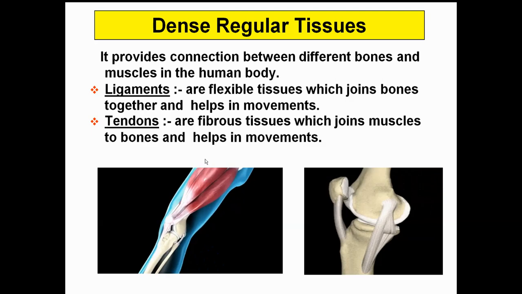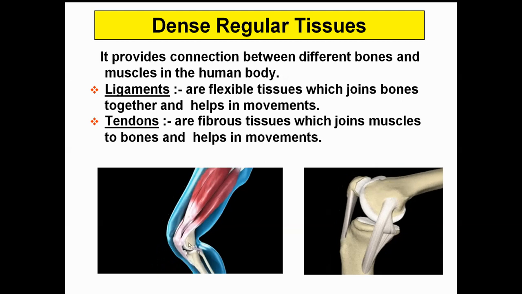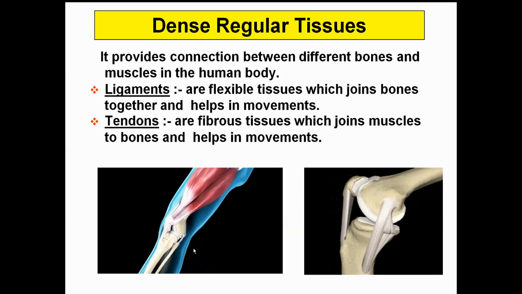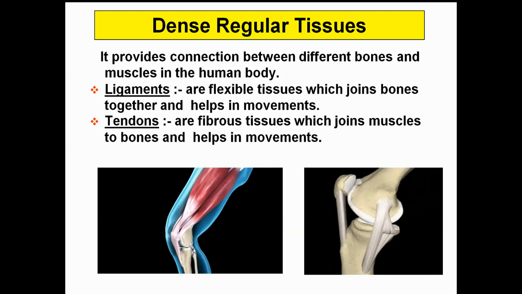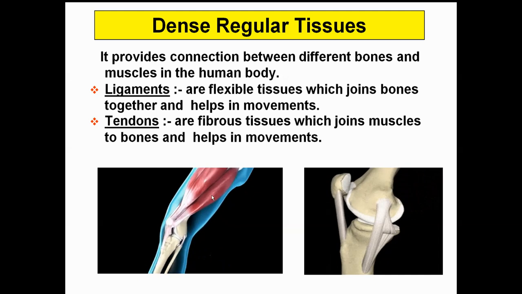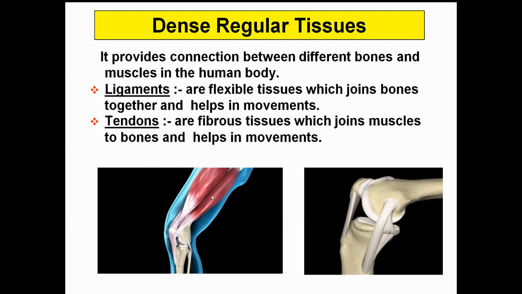In this animation, you can easily see that ligaments are more like an elastic kind of thing. They connect the two bones for the contraction and relaxation part. Tendons, this dark red portion here, that is the tendon, and that connects the muscles with the bones.